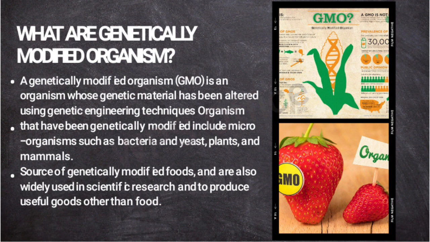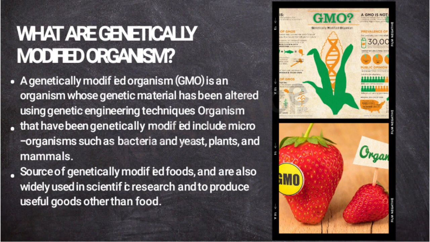What are genetically modified organisms? A genetically modified organism, or GMO, is an organism whose genetic material has been altered using genetic engineering techniques. Organisms that have been genetically modified include microorganisms such as bacteria and yeast, plants, and mammals.